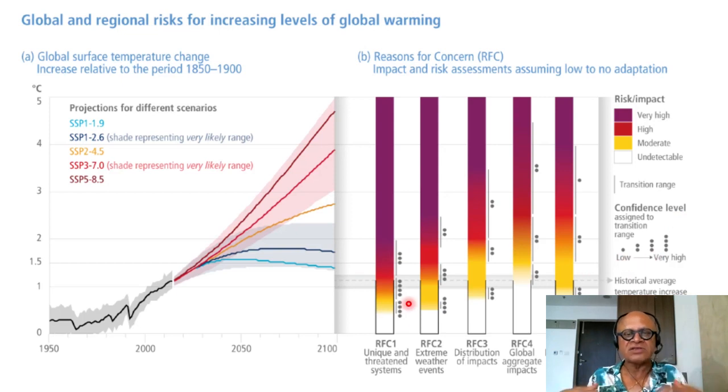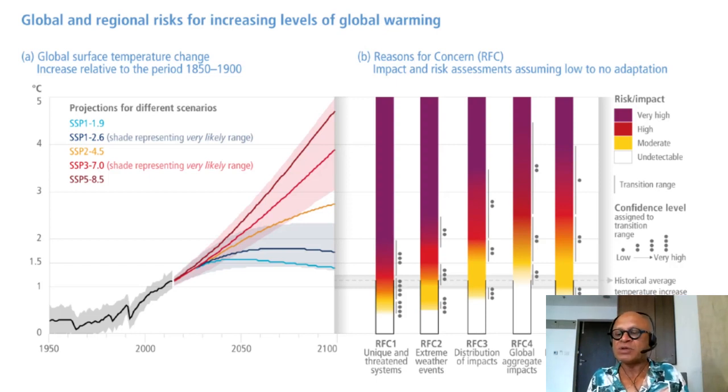So when these syntheses are done for the future, there is an evaluation of our confidence in claiming these risks. There are uncertainties associated with these, but the way to think about it is there is a risk, there is a challenge. Are you going to say you are not going to worry about the potential risk, or are you going to respond to it, with low or no adaptation?